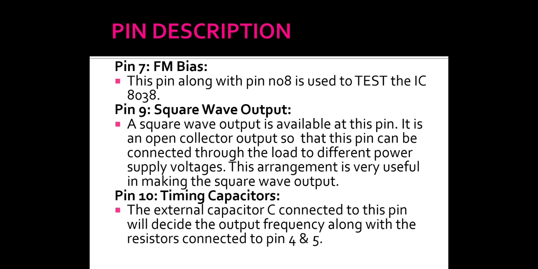And FM bias, this pin number 7, is connected along with pin number 8 and is used to test the IC. And pin number 9 produces a square wave output.